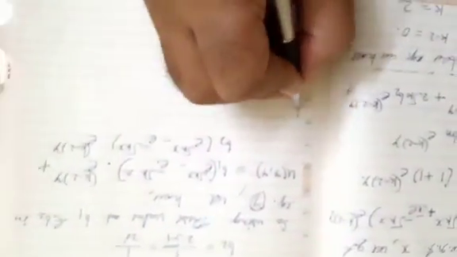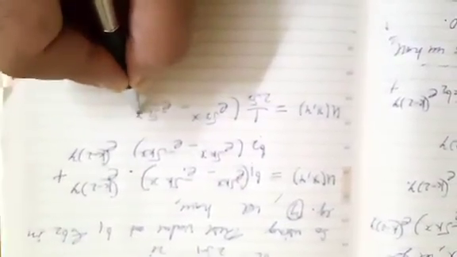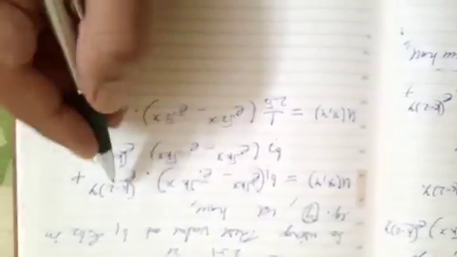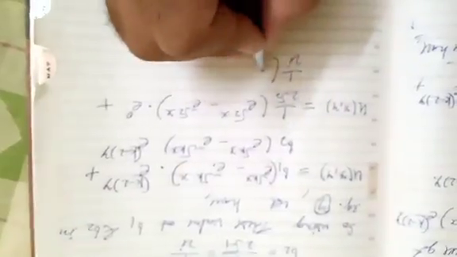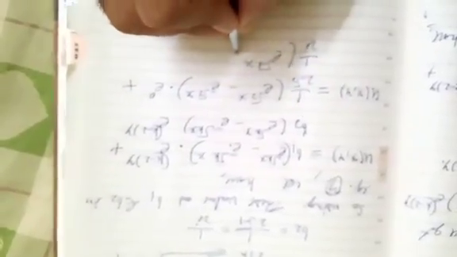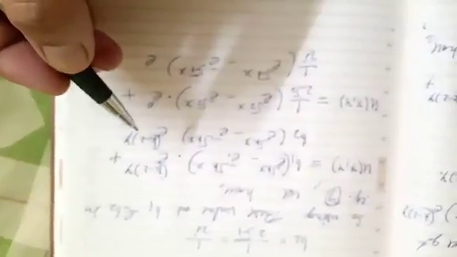So u of x comma y, this way the b1 is 1 upon 2 root 2 e to power under root 2x minus e to power minus under root 2x into e to power 2 minus 2 is 0, e to power 0, plus 1 upon 2i e to power under root minus of 1 x minus e to power minus under root of minus of 1 x and e to power minus of 1, so minus of 3 of y.